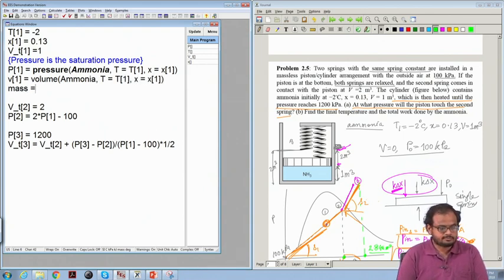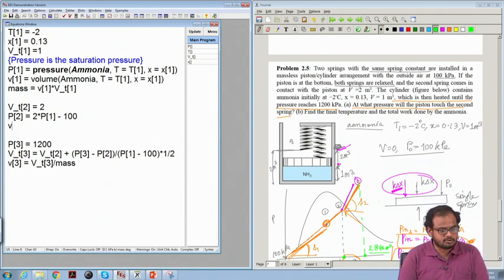So the mass is equal to the total volume divided by the specific volume. Once the mass is known, we can find the specific volume at point 3, which is equal to the total volume by the mass.